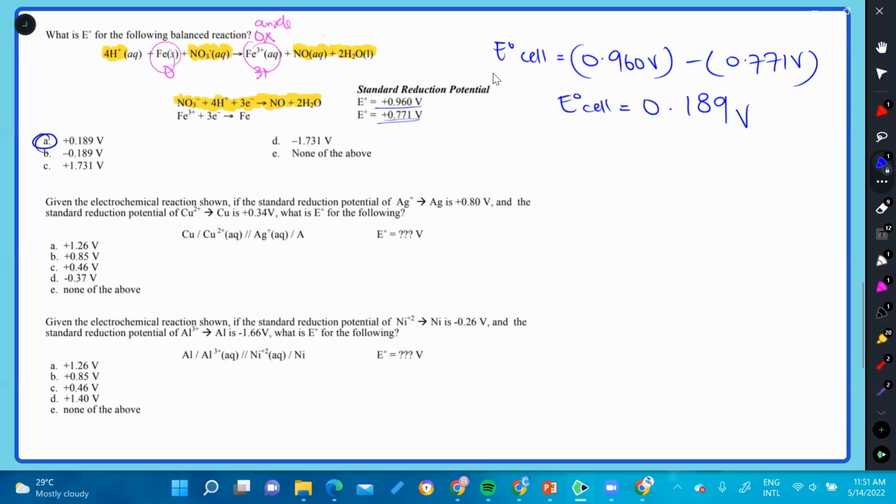All right. Now, given the electrochemical reaction shown, if the standard reduction potential of Ag plus to silver solid is positive 0.8 volts, and the standard reduction potential of copper 2 plus to Cu is 0.34 volts, what's the E naught of the following cell?